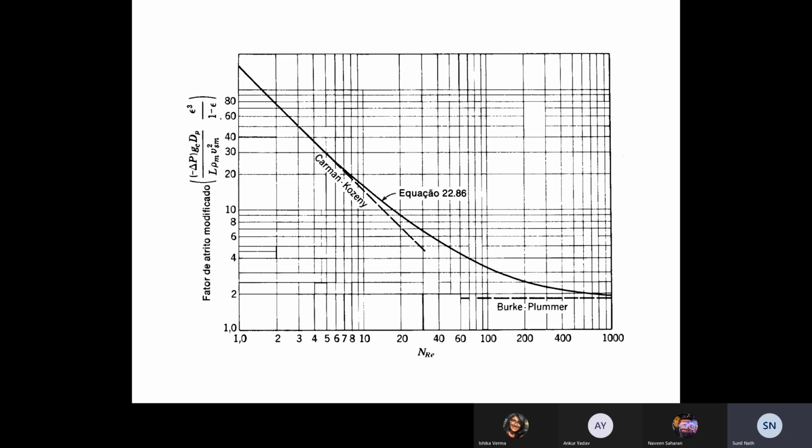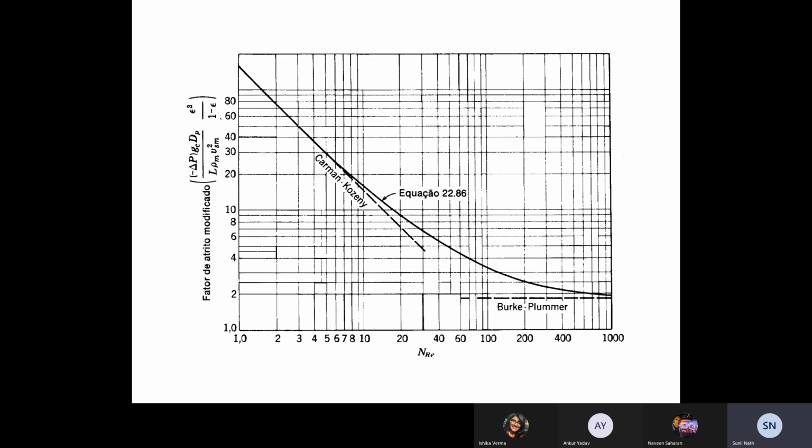See, don't forget that whatever we did last time, meaning for settling, is only valid for a terminal velocity condition. It's not valid for accelerating particles. Suppose now, even in that free settling case, particles are accelerating, then what will happen to that curve? Similarly, in packed beds, what will happen?